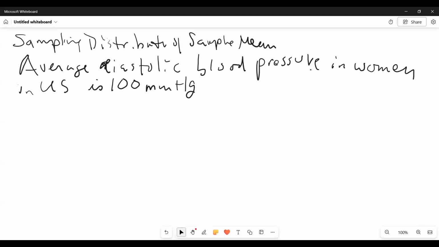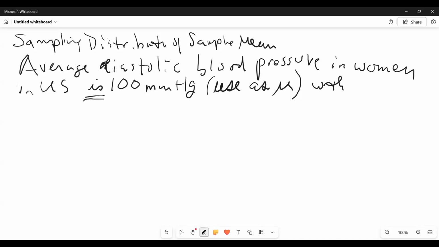When we say average is, and we have a measurement that we can get on hundreds of thousands, if not millions of people, we're going to use this as our mu. We have enough samples that we use it as the true population mean.